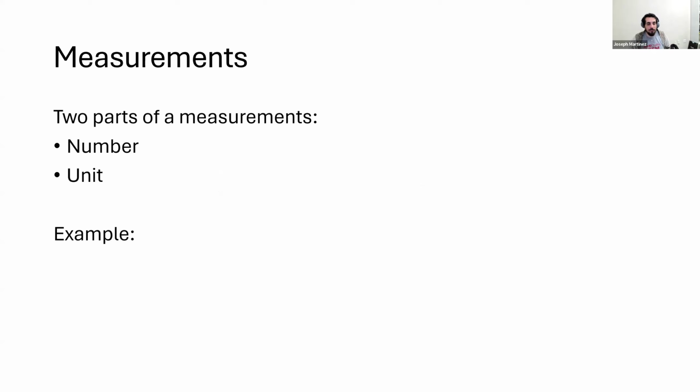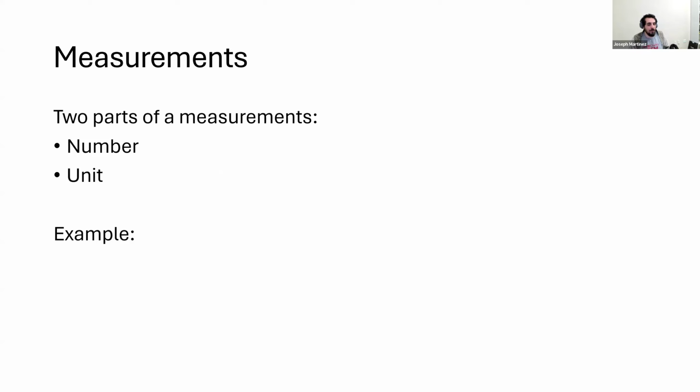Because if I say, for example, I am driving my car at 30, no unit attached to it, well, what does that mean? Does that mean I'm driving my car at 30 miles per hour, 30 kilometers per hour? Or am I driving my car at a time of 30, whatever that means? You don't really know. You need a unit associated with it to make sure that it has meaning.